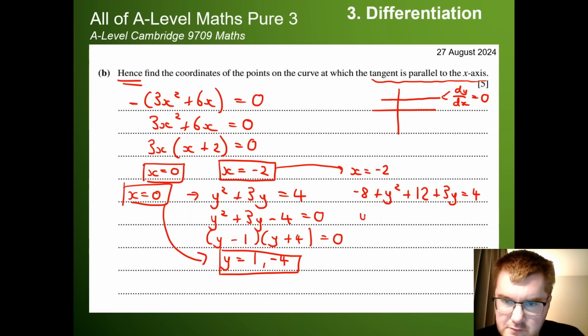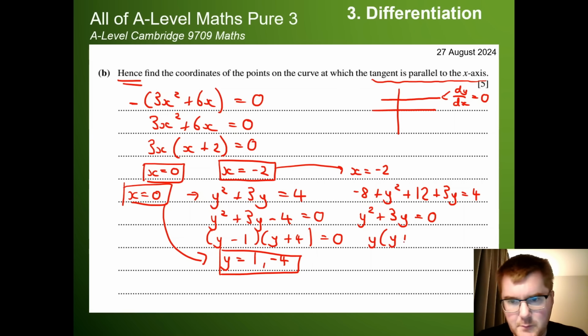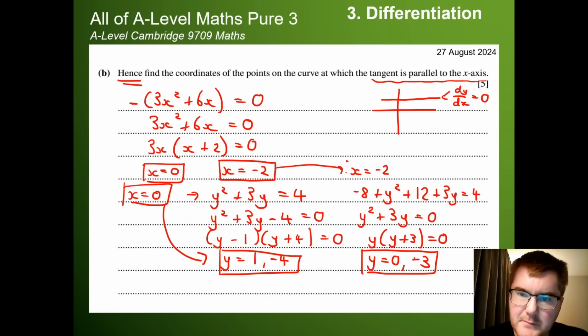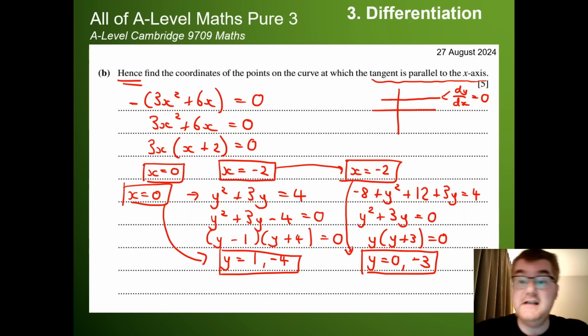Okay, so that gives us a quadratic of y squared plus 3y is 12 minus 8 is 4, 4 minus 4 is 0. Okay, that's nice. So we get y brackets y plus 3 is 0, and therefore y is equal to 0 or minus 3. So when x is minus 2, the two answers we get out of it are 0 and minus 3.